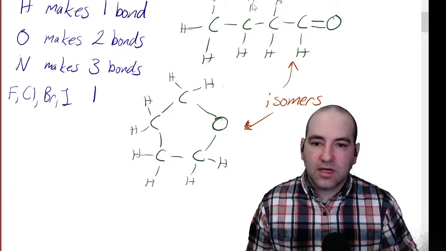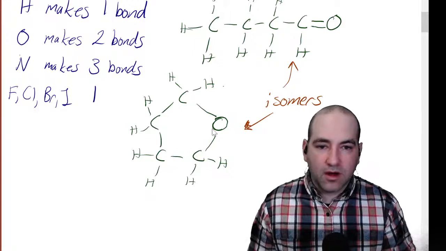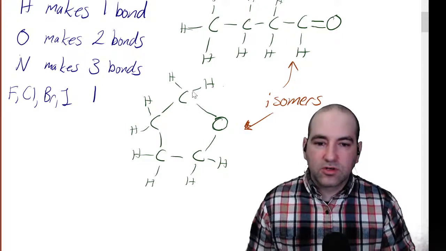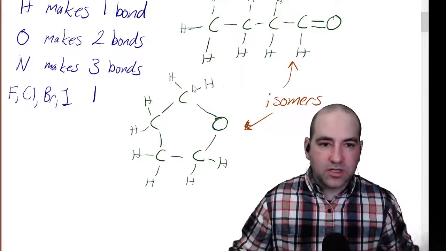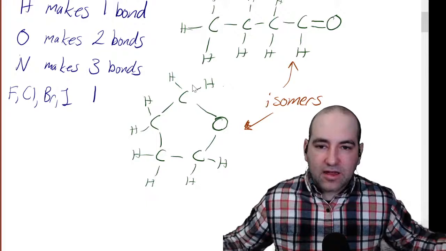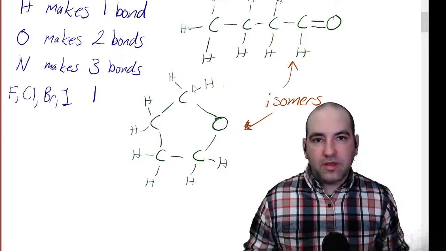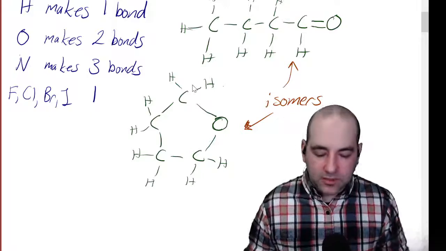Now what happens is, as the molecules get bigger and bigger, you can imagine this becomes a little bit tedious. You have to draw in every carbon and every hydrogen coming off. And if you had like 10 carbons and 20 hydrogens, let's say, that's going to start to be a pretty big job to draw every single one of those things.